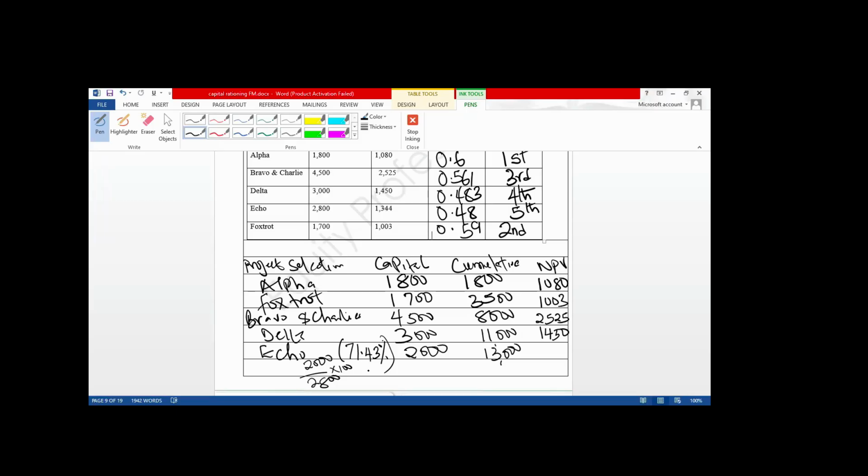In this case, you are going to compute 71.43% of the NPV of project Echo. That will give you 960.